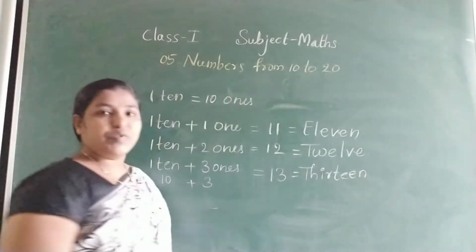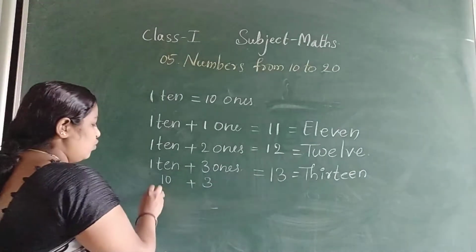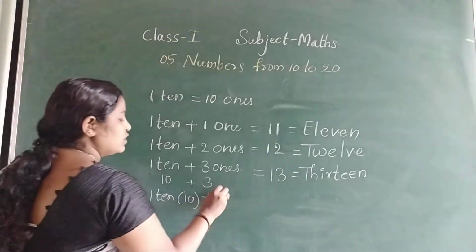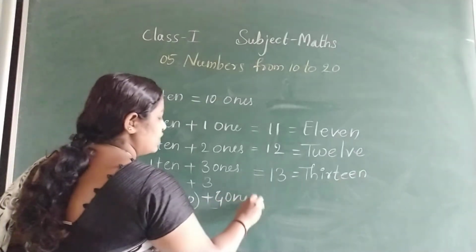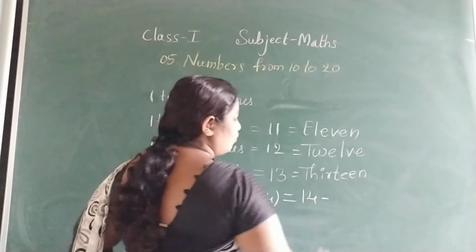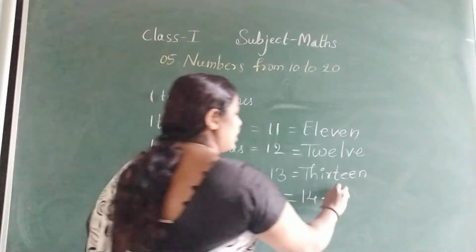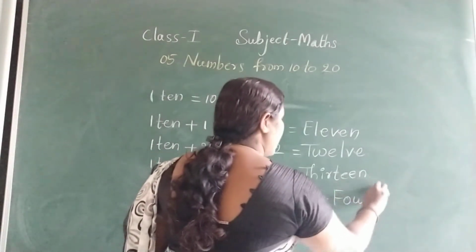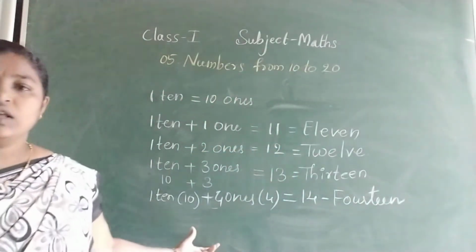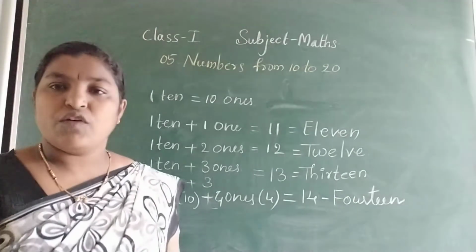T-H-I-R-T-E-E-N, 13. Again 1 ten, that is 10 plus 4 ones, that is 4, is equal to 14. F-O-U-R-T-E-E-N, 14. Got it?